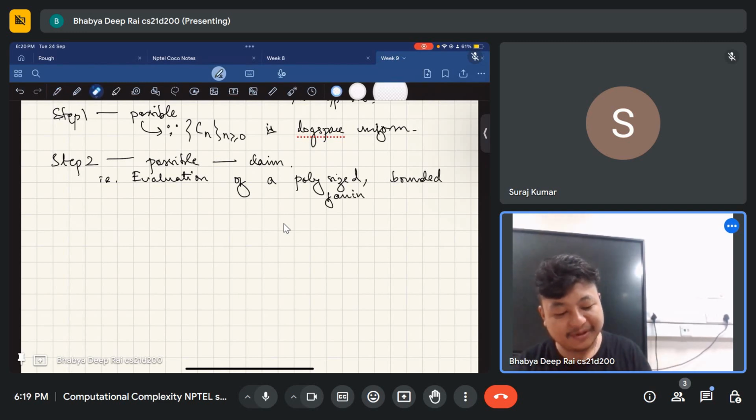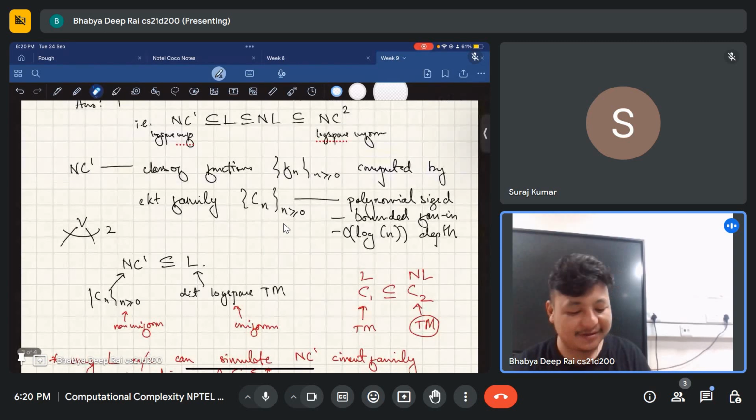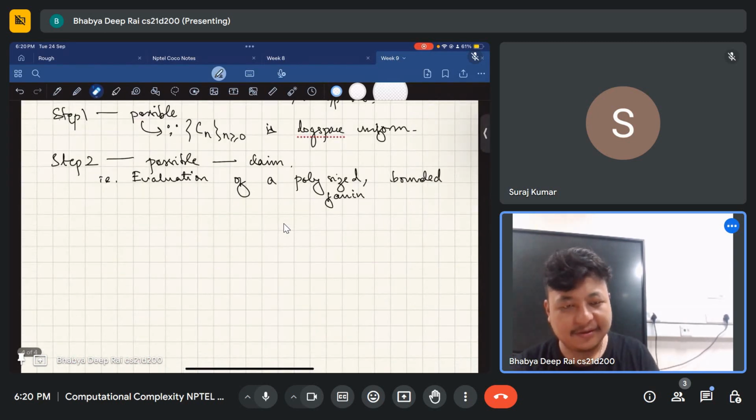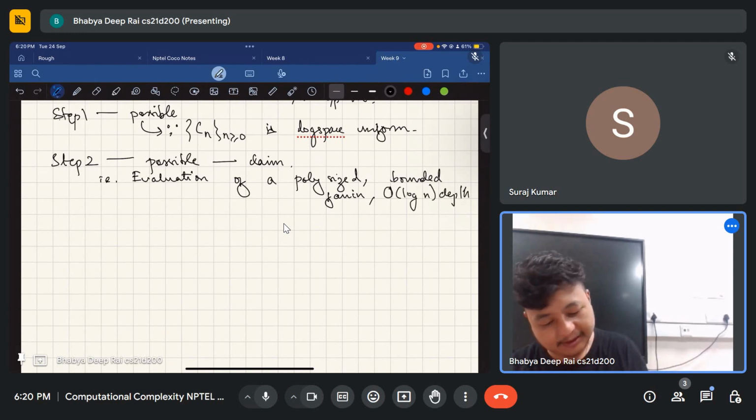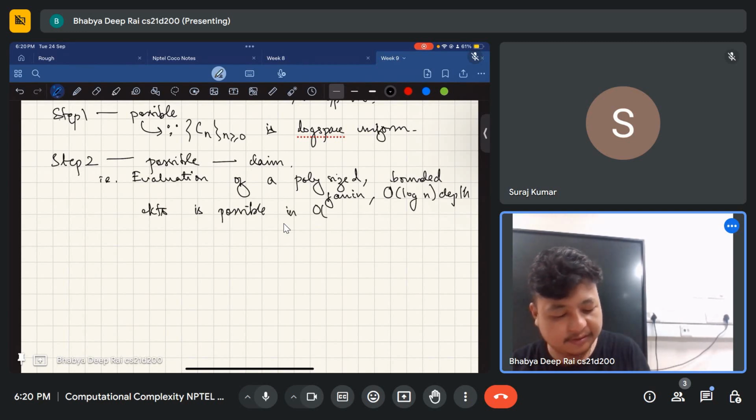Oh, did I write unbounded before? Bounded, that's correct. Bounded fan-in, and the next thing is log depth circuits is possible in log space.